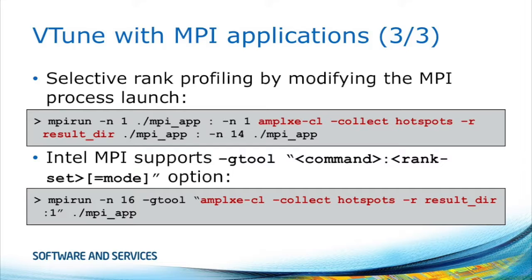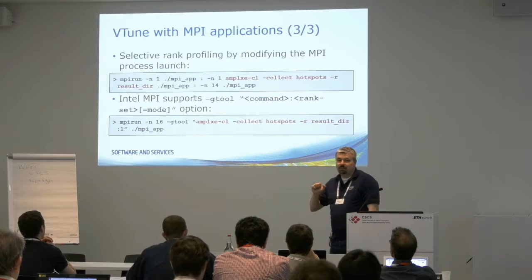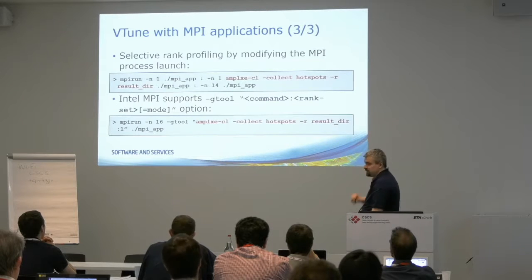So what it will do is rank 0 is not being collected, rank 1 is being collected with VTune, and the other ranks, 2 to 15, are not being collected. Okay? That's also something you could do. If you know that your MPI rank 47 is misbehaving and you want to know why, you can use that syntax.